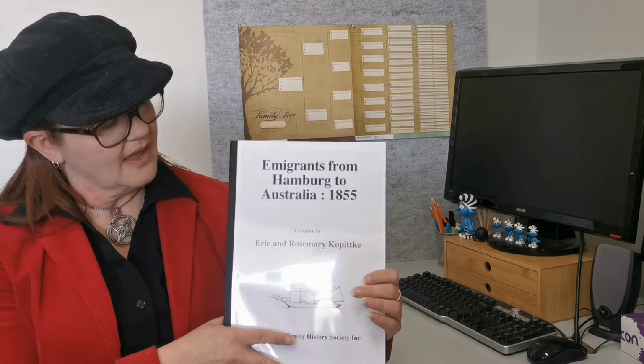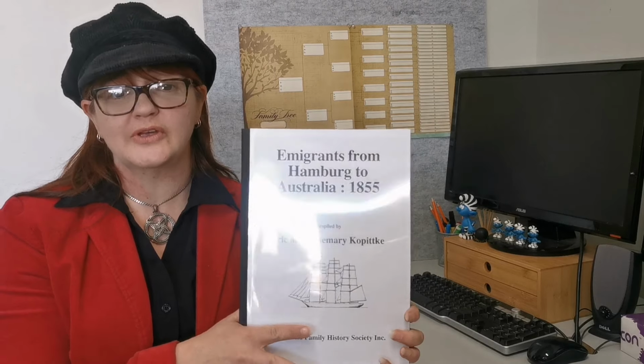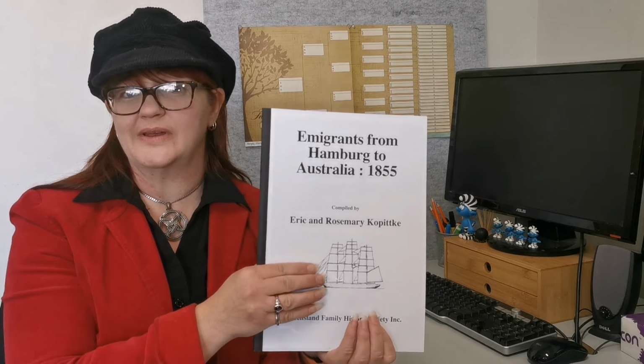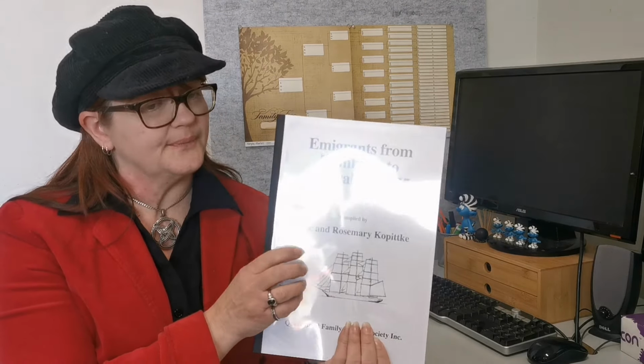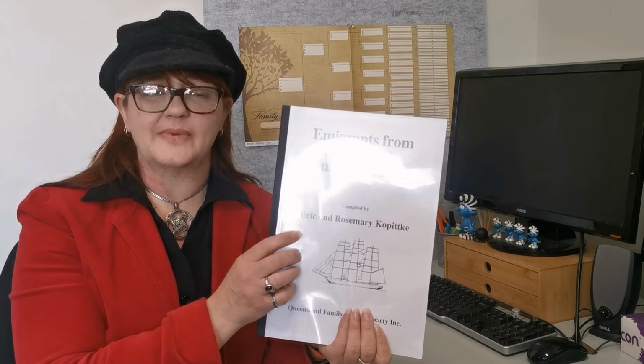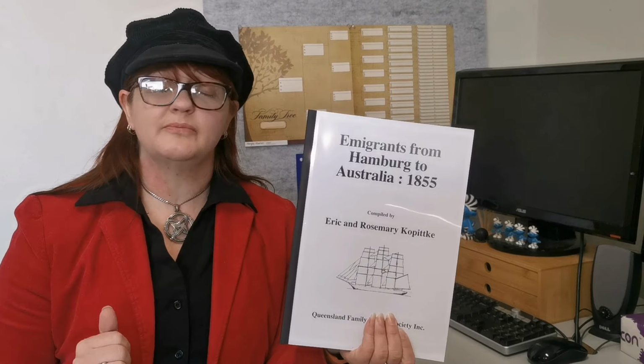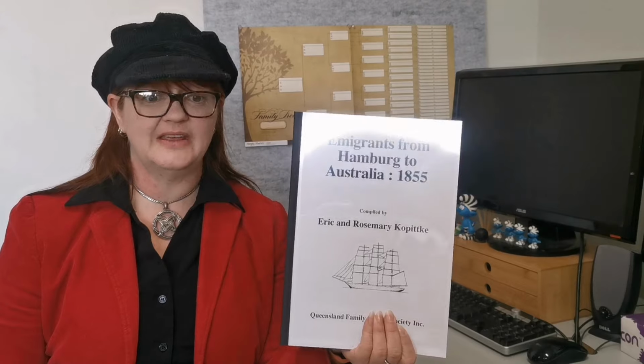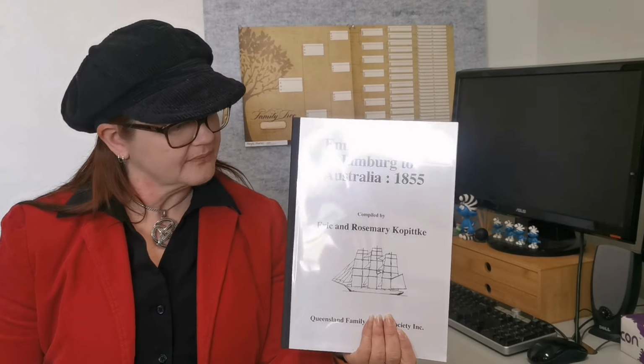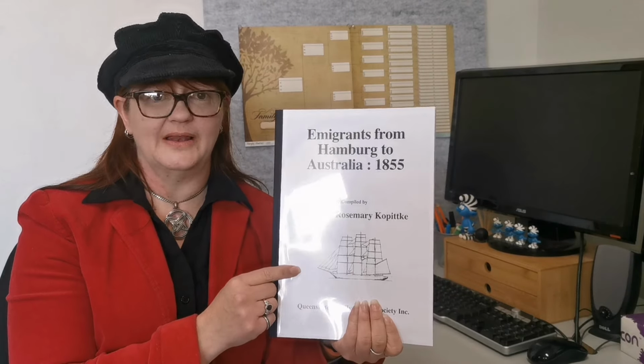Now, we all like to know when our ancestors immigrated, and Eric Kapitke and his wife Rosemary compiled this series of 20-something volumes that relate to immigrants from Hamburg to Australia between the period 1850 to 1879. This is just one of the volumes available.